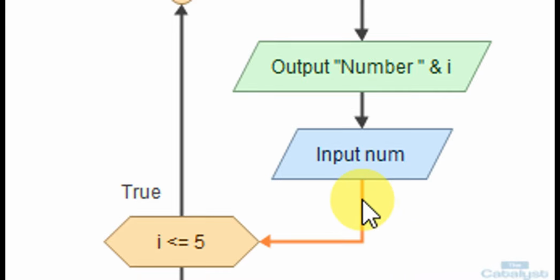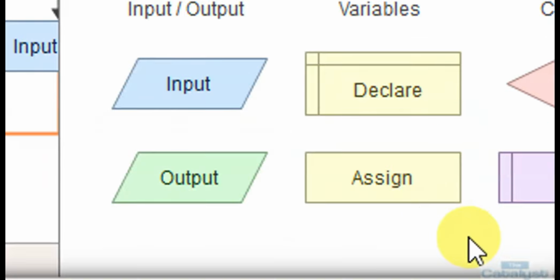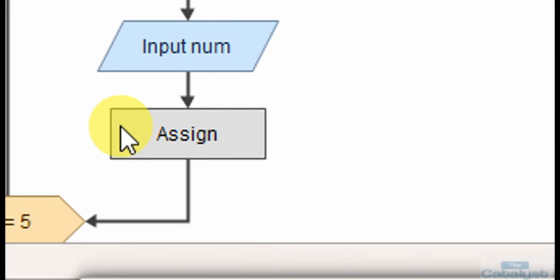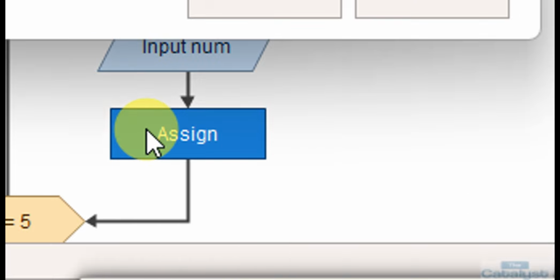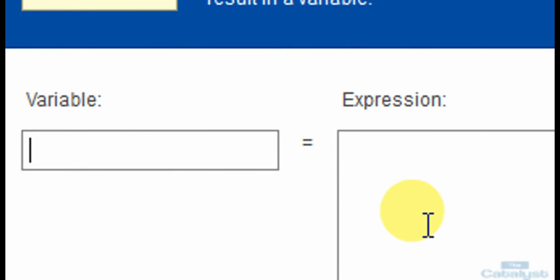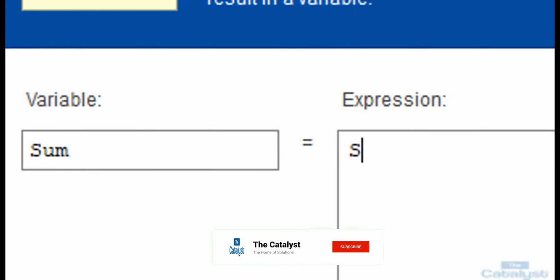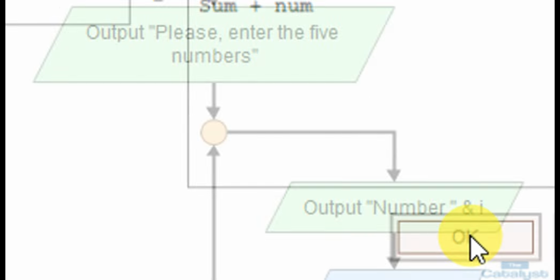After which we'll assign the new number to sum. Initially sum is 0, so sum equals sum plus num. Voilà.